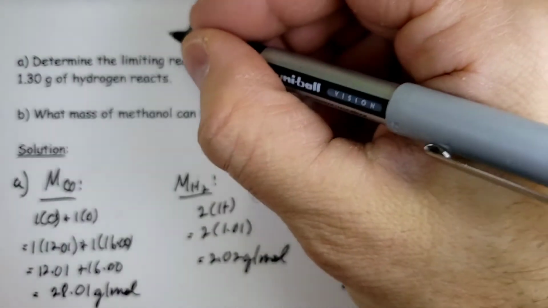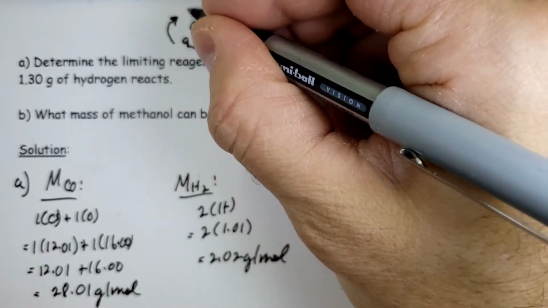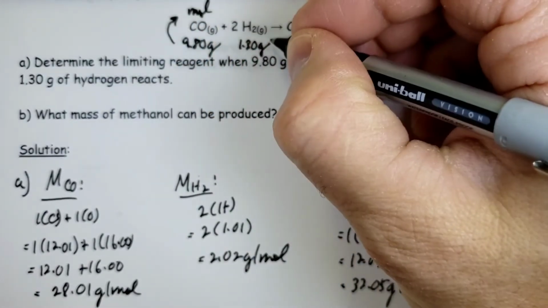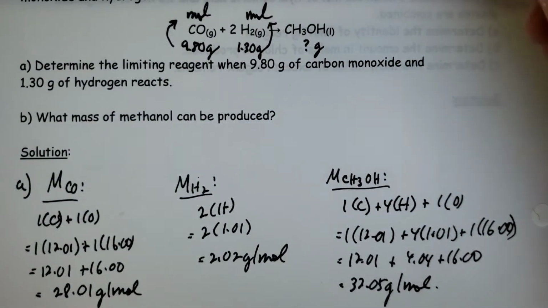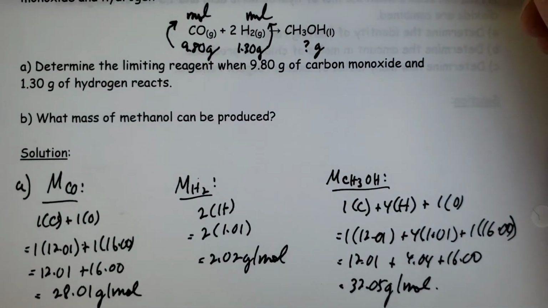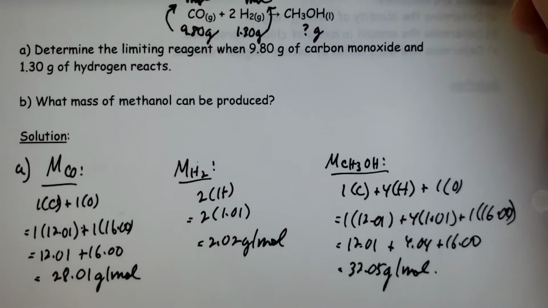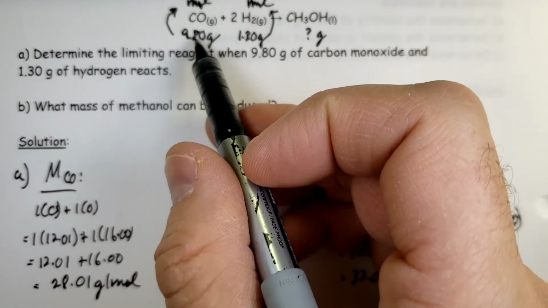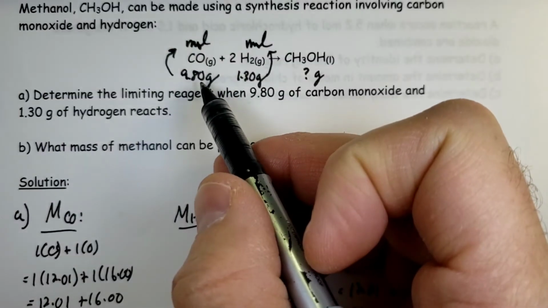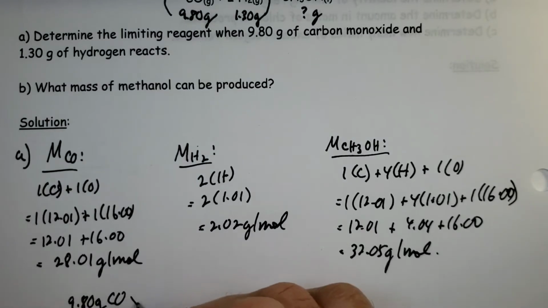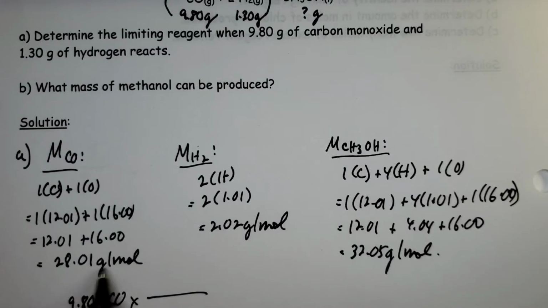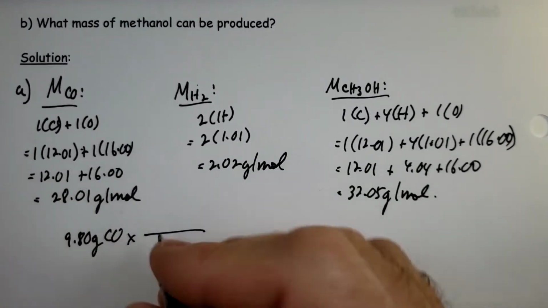So we're going to figure out how many moles of this we have, how many moles of this we have, and then we can compare those two values just like we did in the previous part to figure out which one's going to be limiting. So let's start with this. Figure out 9.80 grams is how many moles. So 9.80 grams of carbon monoxide, and according to this, there's 28.01 grams per mole.